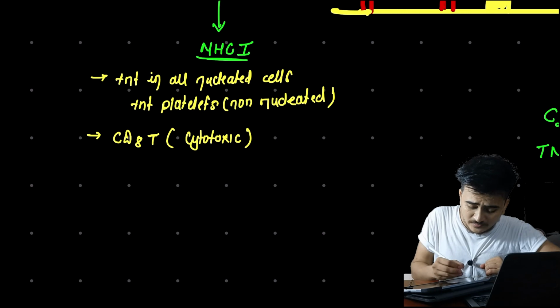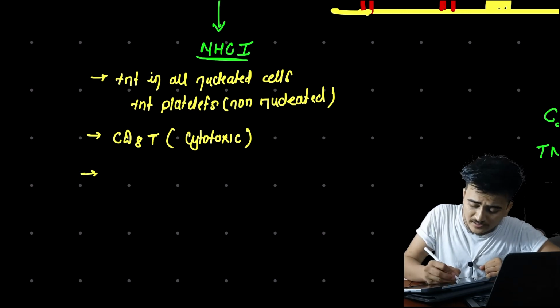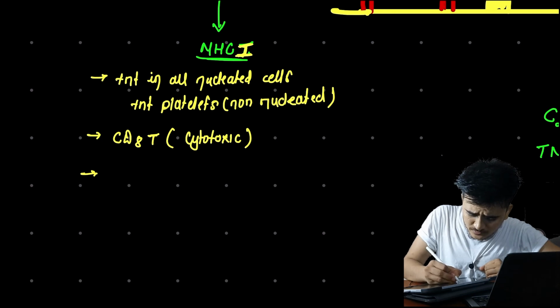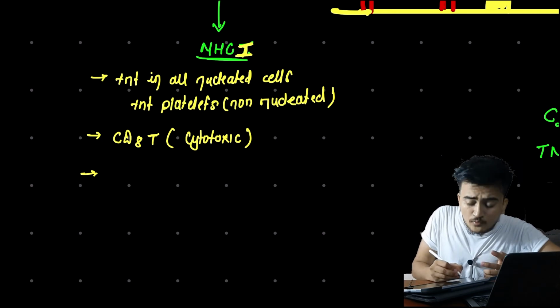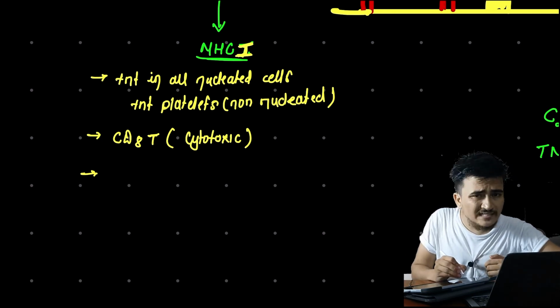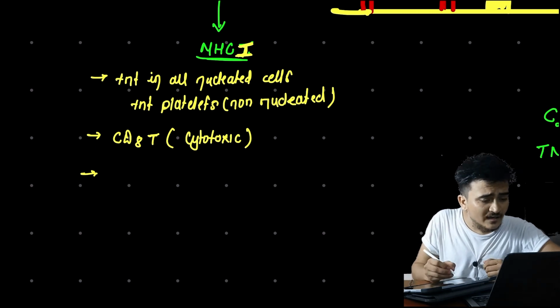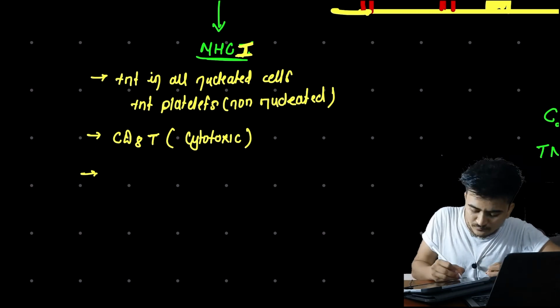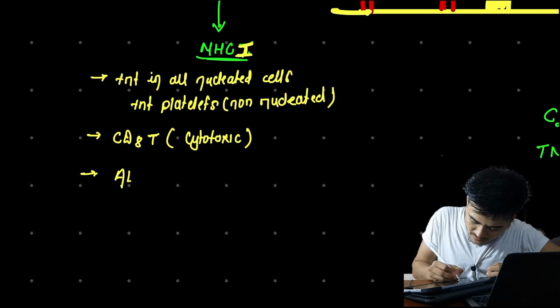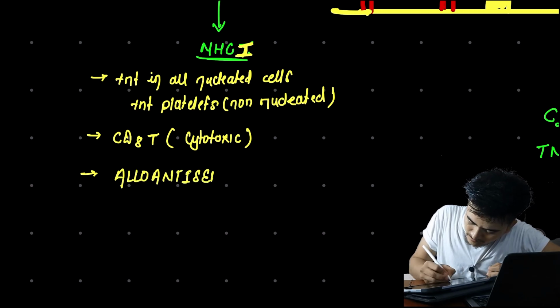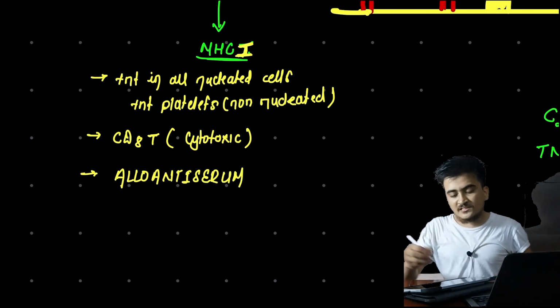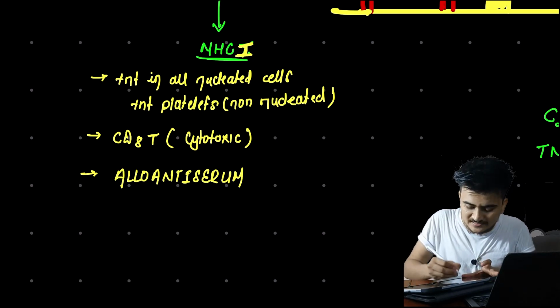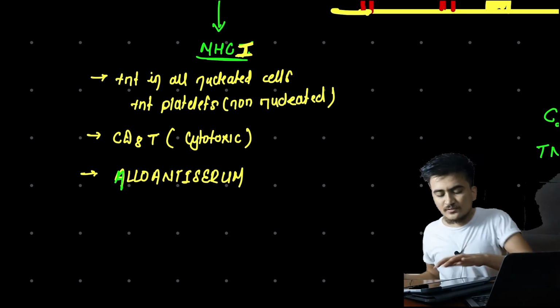Another point about MHC class 1, just highlight this: how can we detect MHC class 1? We can detect MHC class 1 with the help of allo antiserum. That is how we can identify or detect MHC class 1.